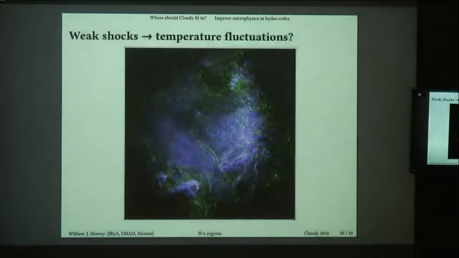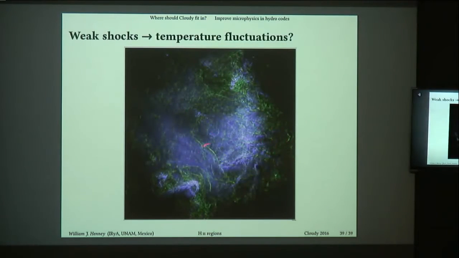And then the other way that Cloudy can be employed is to act as a subgrid model for the hydrodynamic codes. Hydrodynamic codes, with any finite computational resources, are limited in their resolution, and often there are physical processes occurring on much smaller scales than we can explicitly model in the hydro codes, and Cloudy can be useful there.